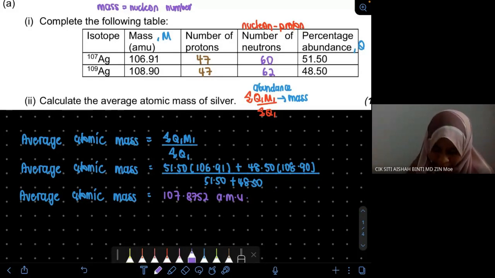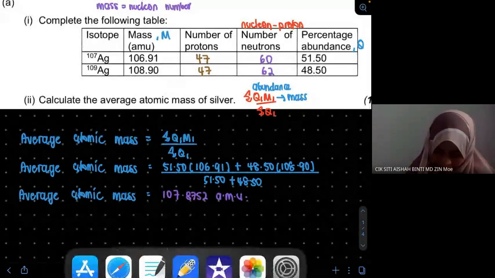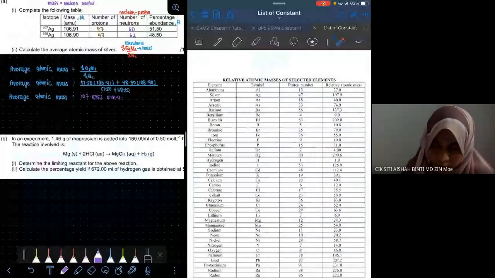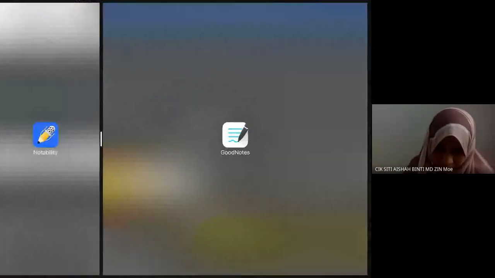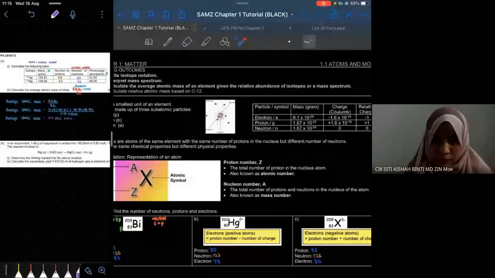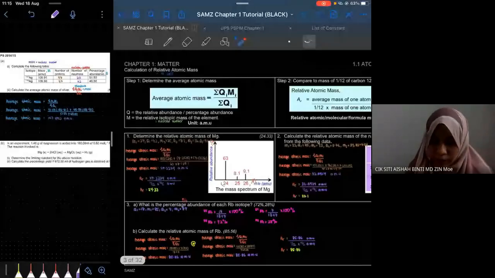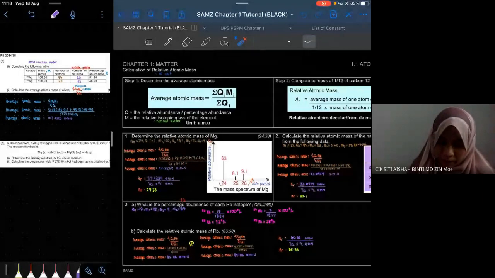Let's look back at the notes first. This is our chapter 1 tutorial notes, first page, second page, third page. Usually in calculation of relative atomic mass questions there are two steps. First, determine the average.